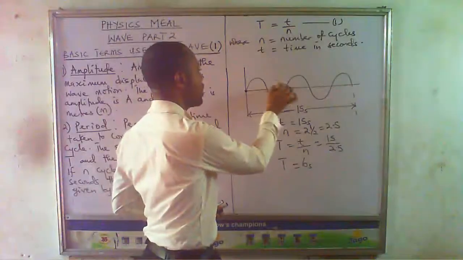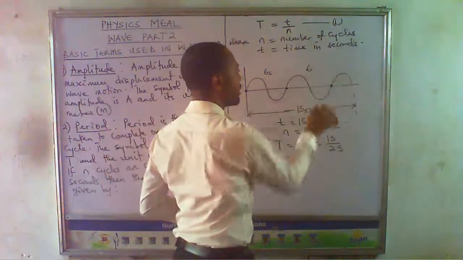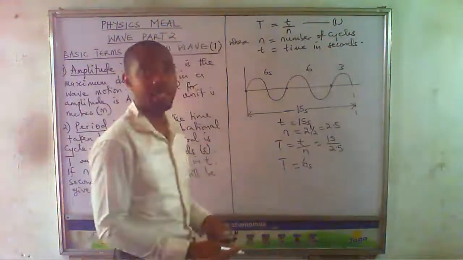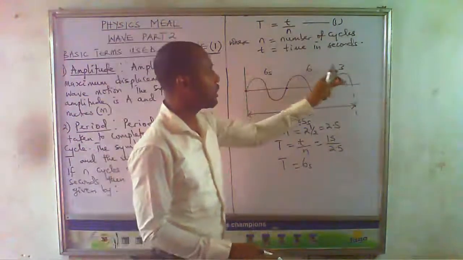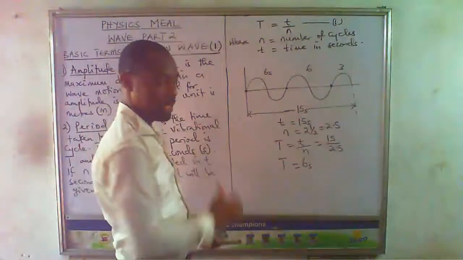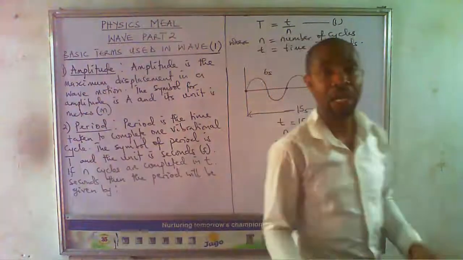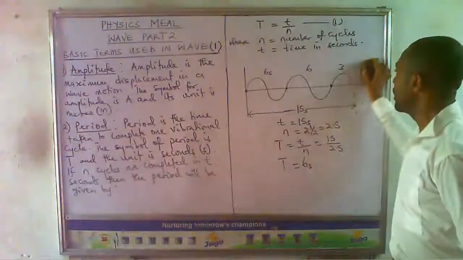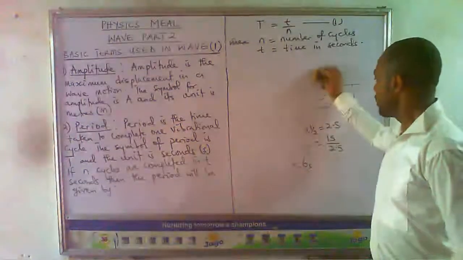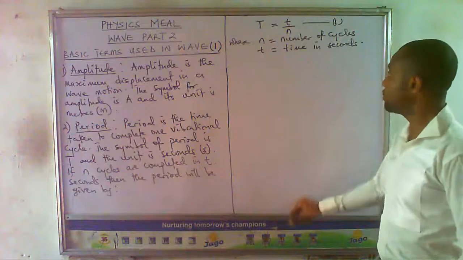So from here to here took 6 seconds, from here to here another 6 seconds, then half of the cycle will take 3. So when you add 6 seconds, 6 seconds and 3, you still arrive at the 15. So the period here is 6 seconds. Don't worry, we still have time for calculations involving period and the rest of them, using basic expressions in wave.